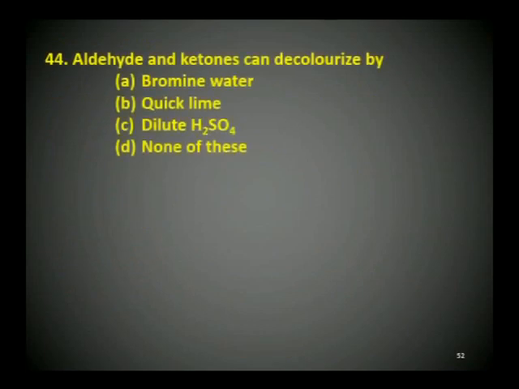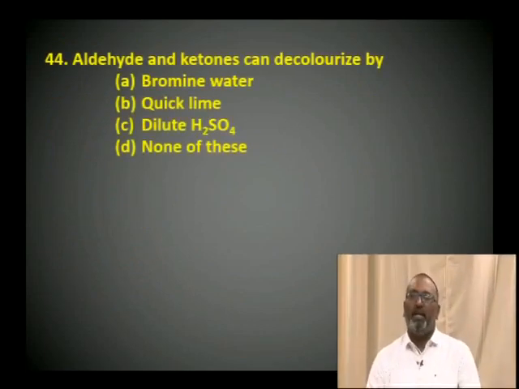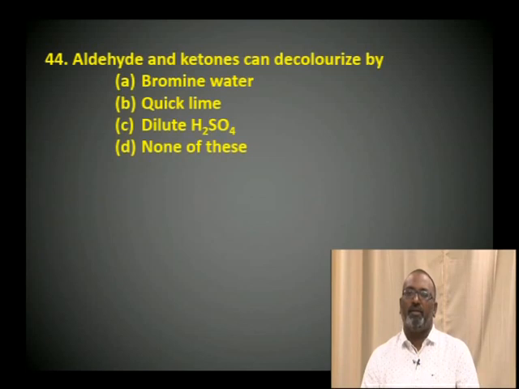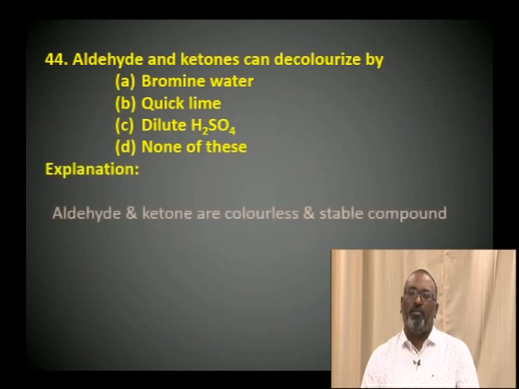Question number 44. Aldehydes and ketones can decolorize bromine water, quicklime, dilute sulfuric acid, or none of these. Here, even though in aldehydes and ketones the carbon bears a C double bond O, it cannot be considered an unsaturated compound.